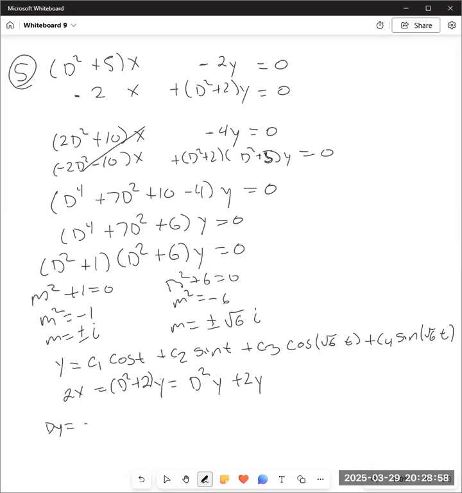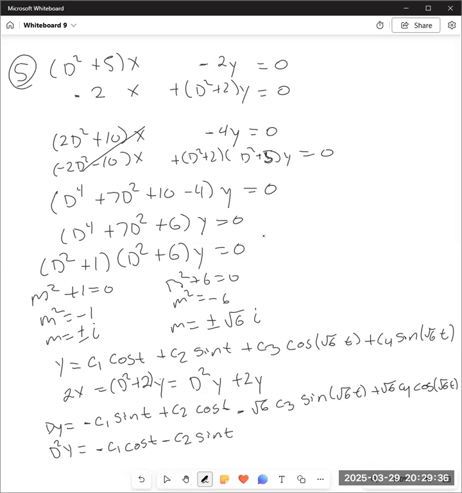Dy is negative c1 sine t plus c2 cosine t minus √6 c3 sine √6 t plus √6 c4 cosine √6 t, and D²y is negative c1 cosine t minus c2 sine t minus 6 c3 cosine √6 t minus 6 c4 sine √6 t.